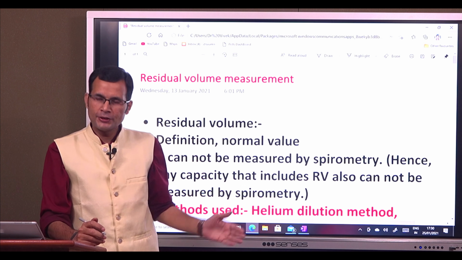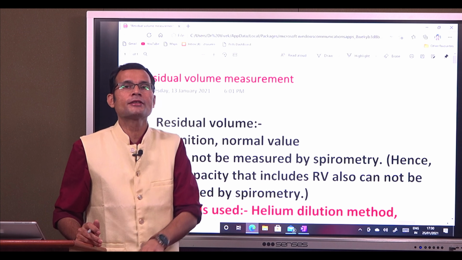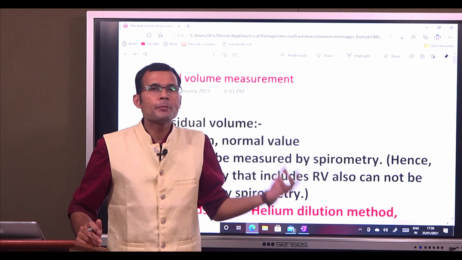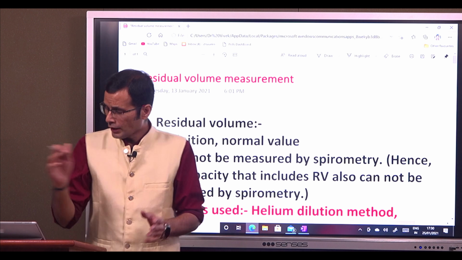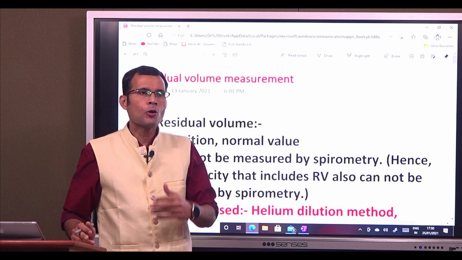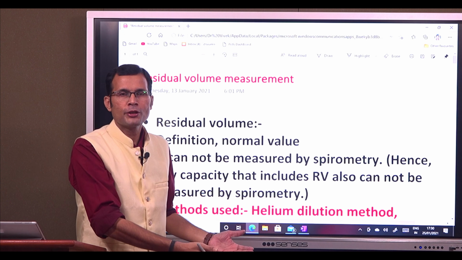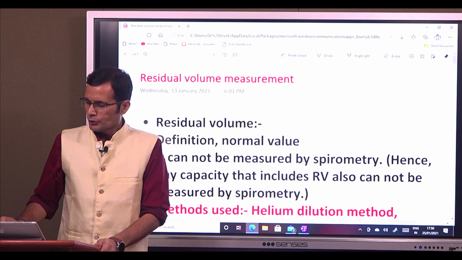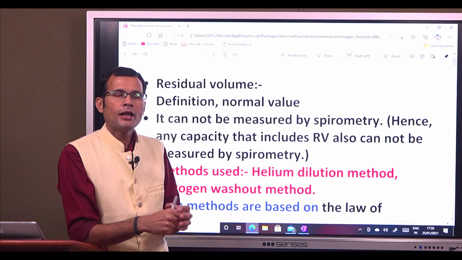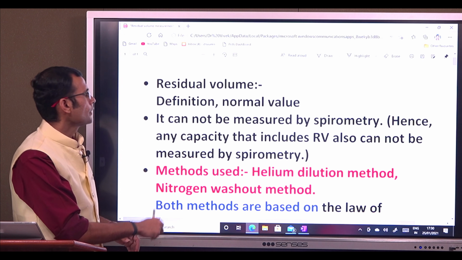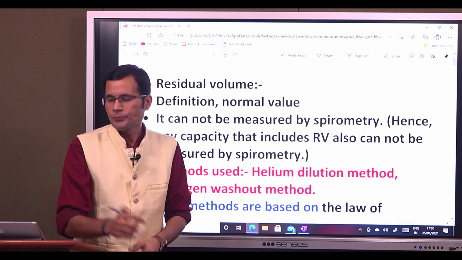Therefore, residual volume cannot be measured, and the capacities that include residual volume cannot be measured by our normal Hutchison spirometer. Functional residual capacity and total lung capacity include residual volume, and therefore they also cannot be measured. So we use these methods, as I mentioned, the helium dilution method and the nitrogen washout method. This video is about these two methods.